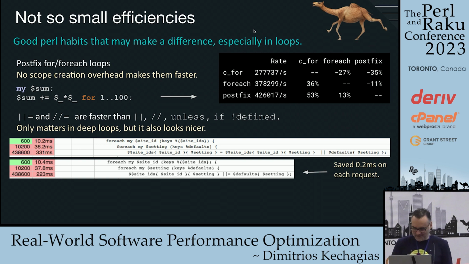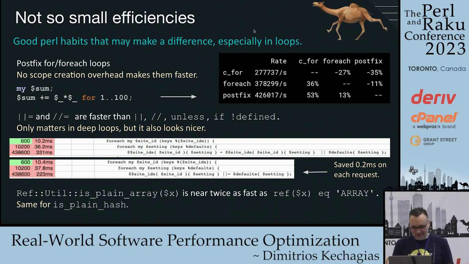I saw this piece of code and I changed it into the or equal, and I saved 0.2 milliseconds for every request on our website with that tiny change. It's because it was in the deepest loop we had for setting up the configuration object.